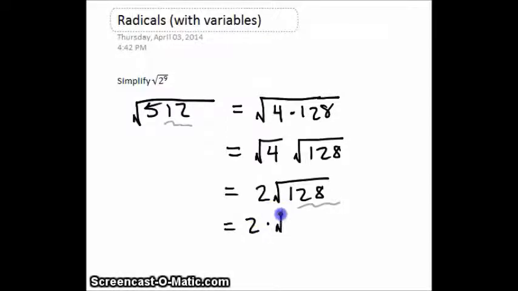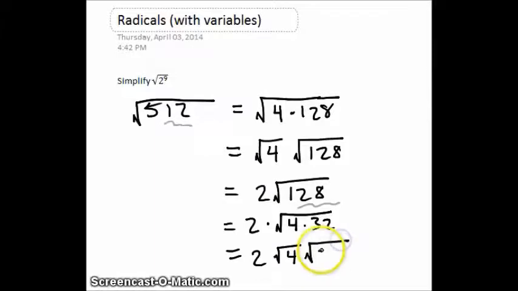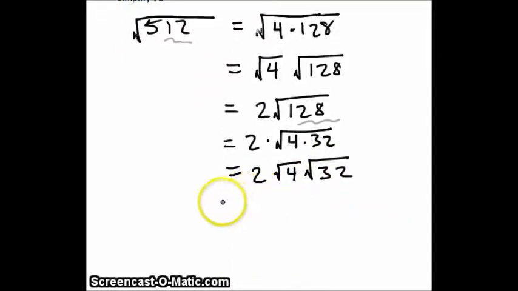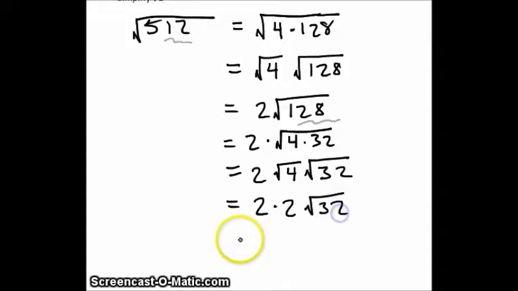So I'm going to write square root of 4 times 32. And then I'm going to split this up just like I've been doing. Square root of 32. And then that's going to be 2 times 2 times the square root of 32.